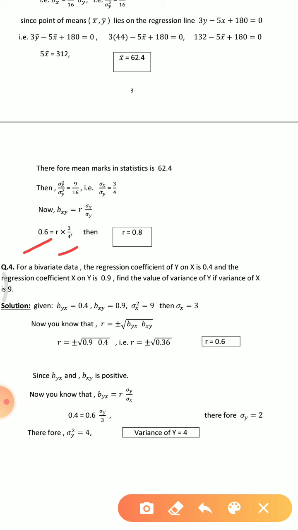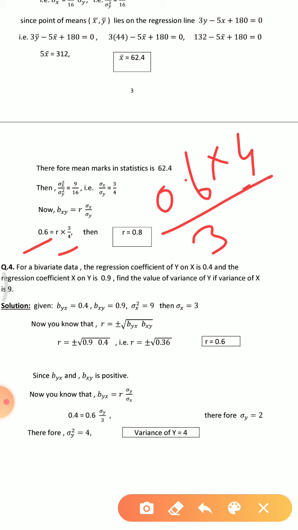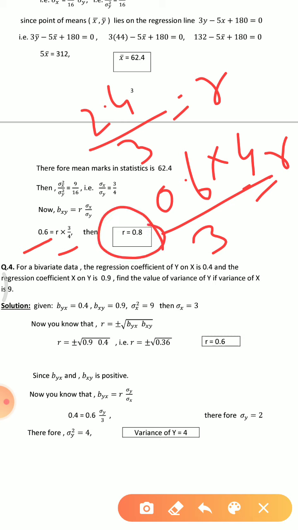Then this 4 we have to shift to that side, that is 0.6 into 4 upon 3, that is equal to r here. Then 6 4s are 24, that is 2.4 upon 3, that is equal to r, and the value of r is equal to 0.8. 3 8s are 24, so the value of r is equal to 0.8.